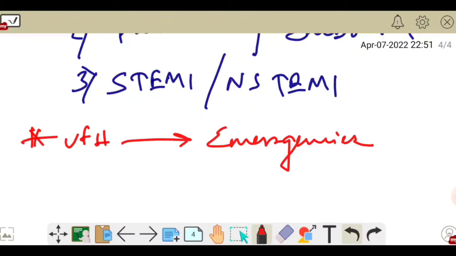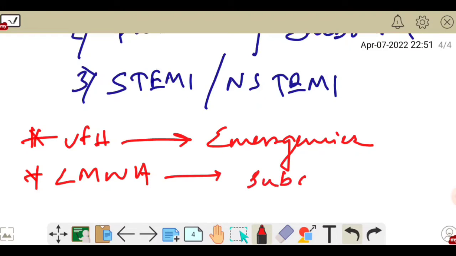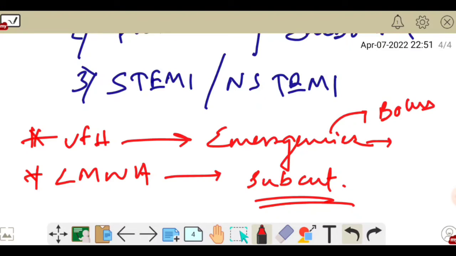Another point you have to remember is that low molecular weight heparin is administered subcutaneously, and unfractionated heparin is generally given in bolus form and in infusion pumps. So these are very unique points that you should know.